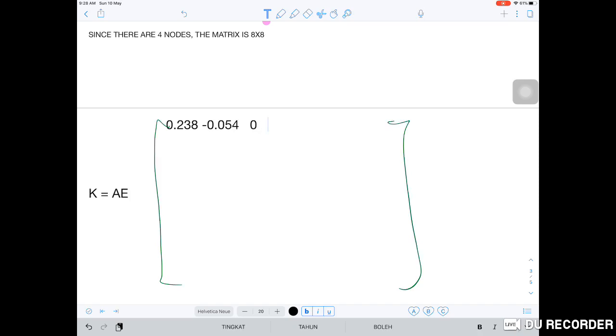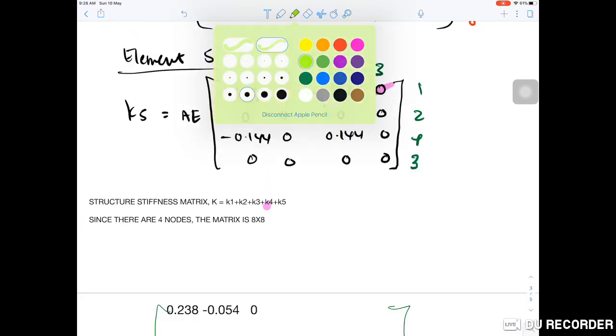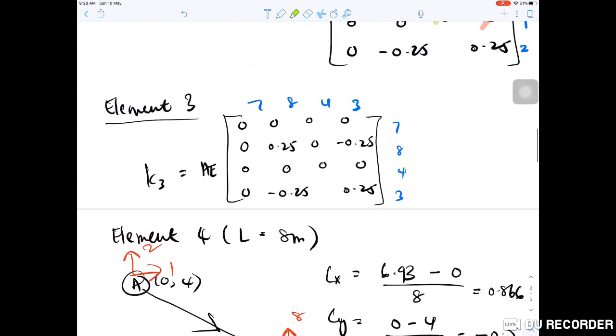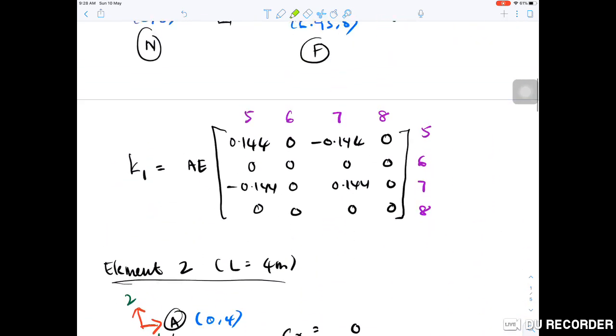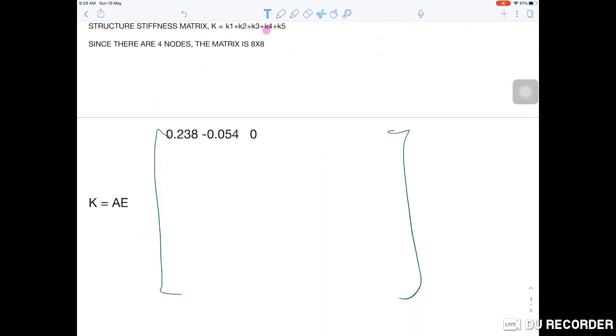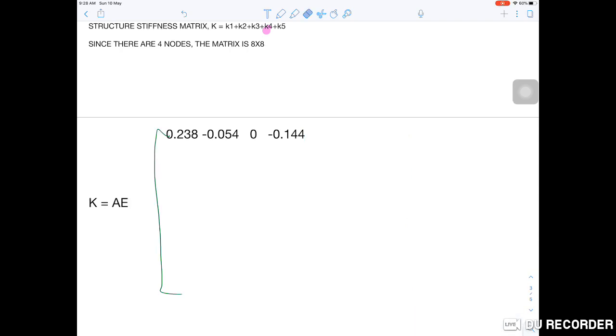Okay, 1 4. Find 1 4. It is only negative 0.144.